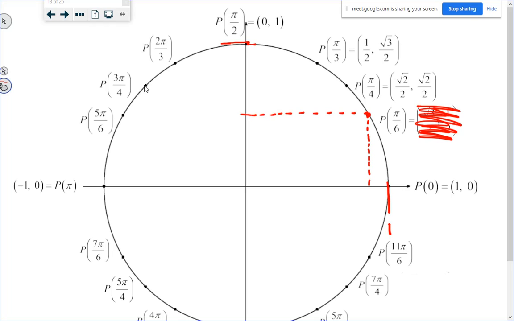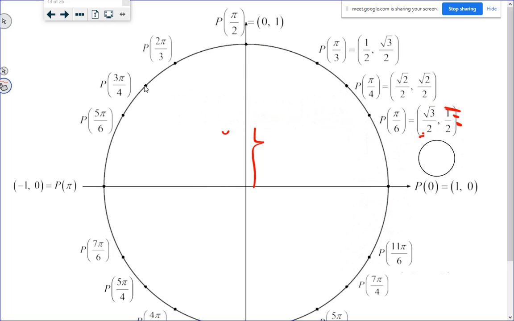Now remember, this is 1. And I ask myself, which of these, the y-coordinate or the x-coordinate, which of those is half? It's very clearly the y-coordinate. If this is 1, then this must be a half. So what I do then is I immediately look at my drawing of my circle and say the y-coordinate is a half, which means the x-coordinate is the root 3 over 2. By the way, take your calculator and calculate root 3 over 2 for me.